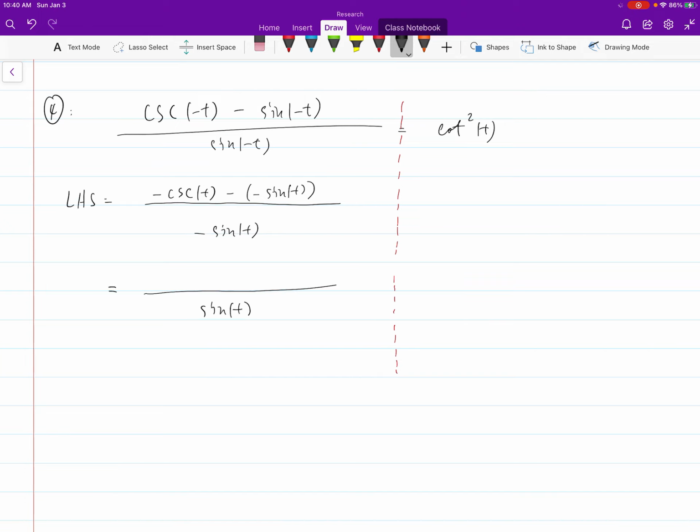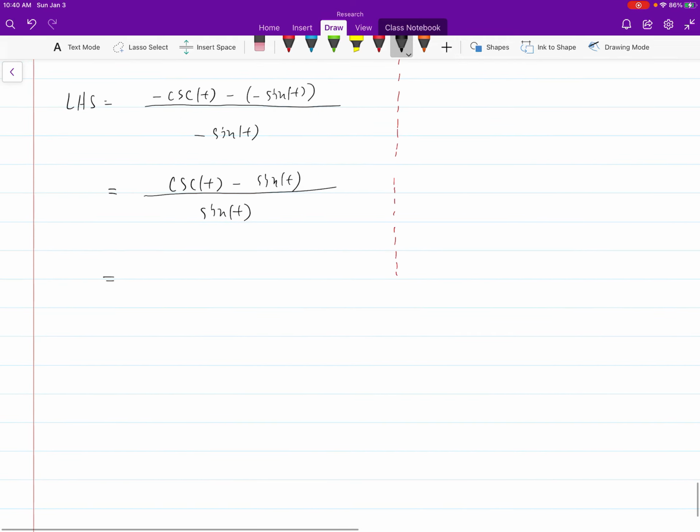You either memorize it by algebraic expression, or you remember it's odd for sine, it's odd for cosecant. So put a negative on everything. Algebra.